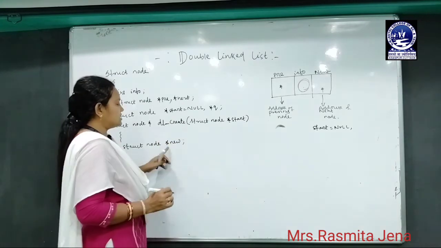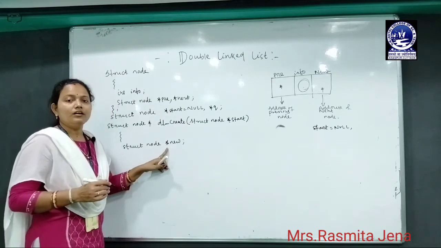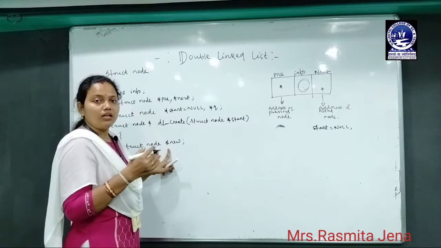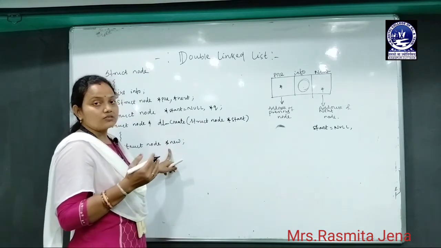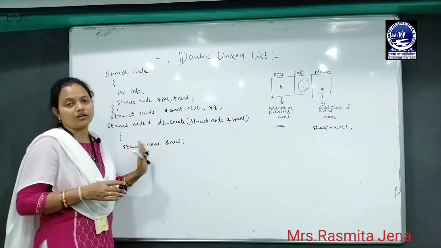Then next we will declare another struct node type pointer, suppose that is new. I declared this pointer here to hold the address of the new node which we want to create in the double linked list. As it holds the address of a node, the data type is also struct node type pointer.